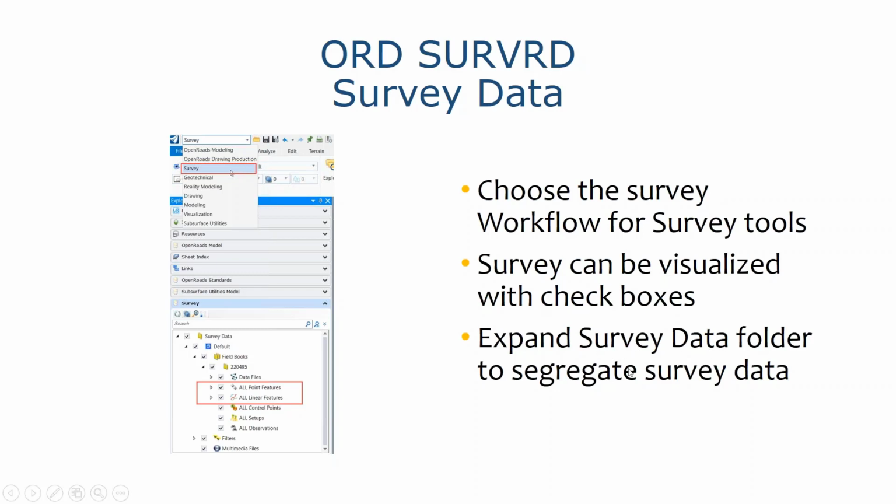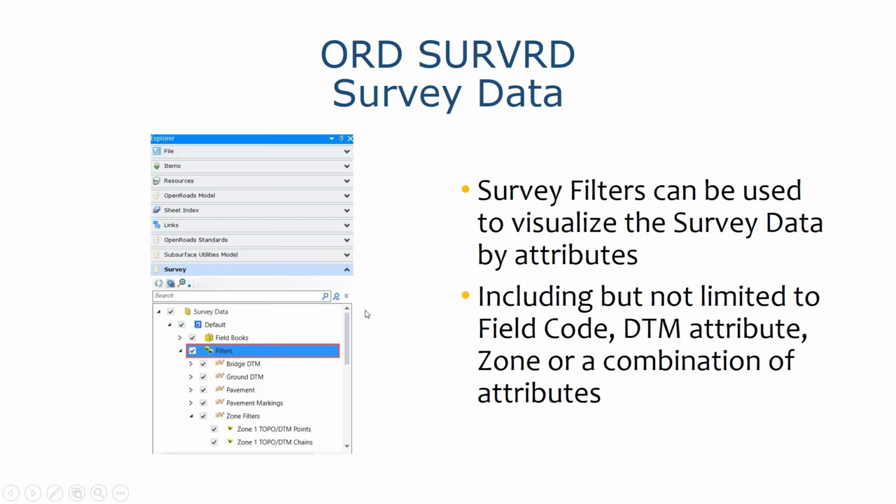You can expand the survey data folder to segregate the survey data. You can dig down into filters that are preset, or you can create your own. So survey filters can be used to visualize survey data by attribute, and those attributes include field code, DTM, the zone or combination of all of these attributes.